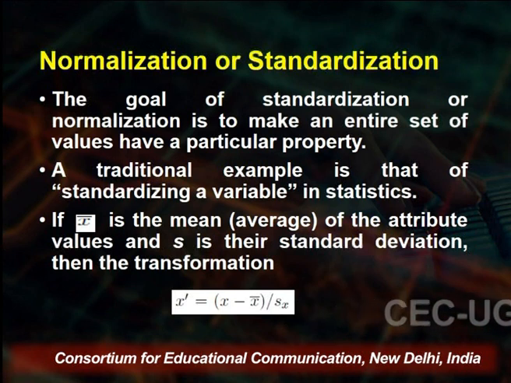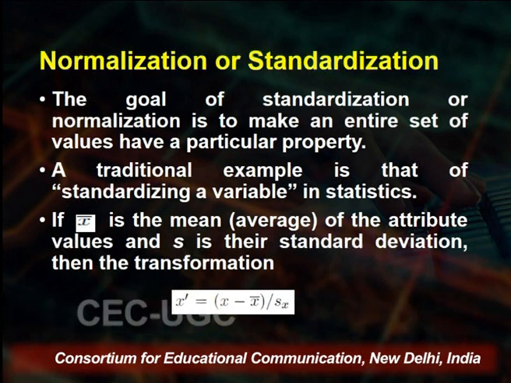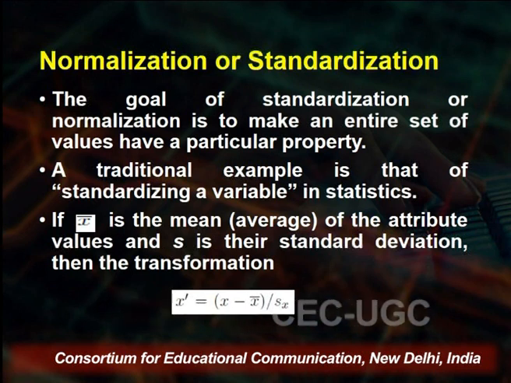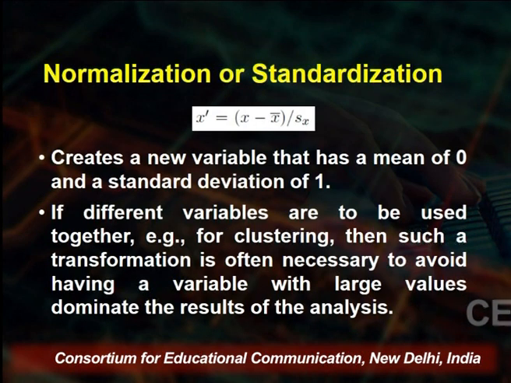So in variable transformation, what we are doing here is finding one common value for the entire set. This is going to create a new variable that has a mean of 0 and standard deviation of 1, by applying this kind of normalization procedure, using simple values like mean and standard deviation.